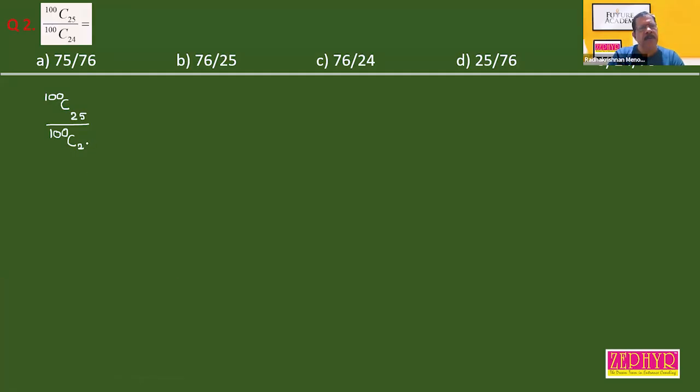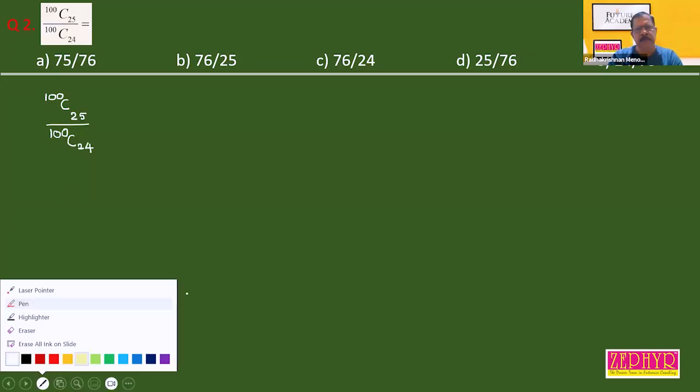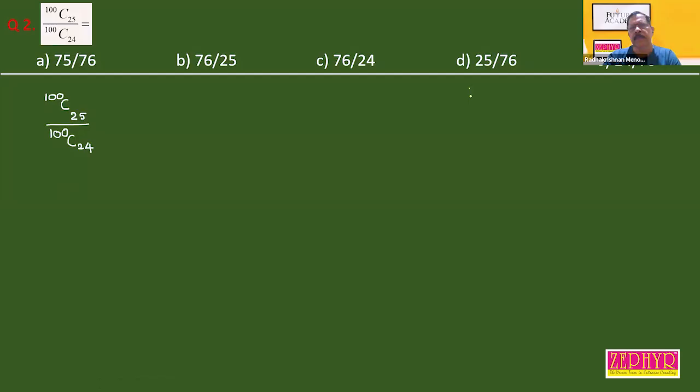Now, here also, you have to use a result. Not the formula for nCr. nCr divided by nC(r minus 1).